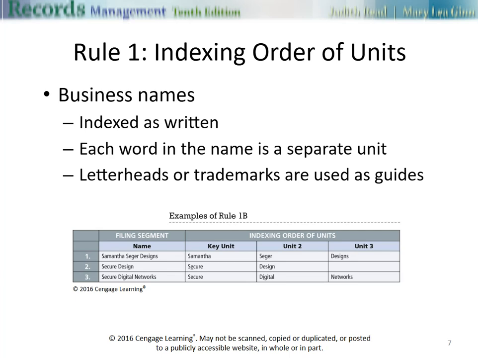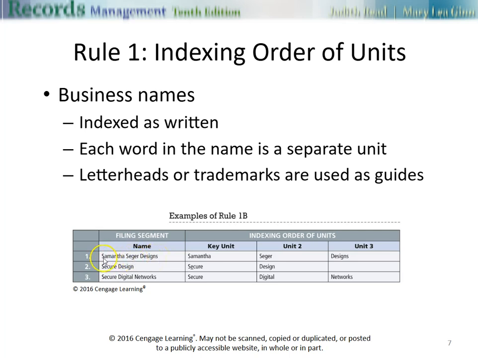But for the majority of times, when you file a business name, it's going to be indexed exactly as it's written.